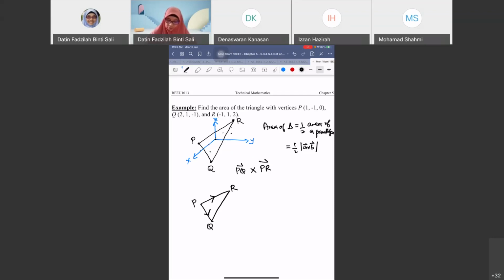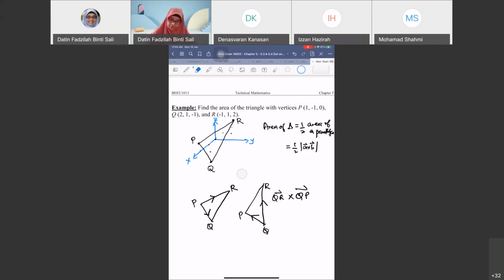Or maybe other people would like to say QR cross QP.